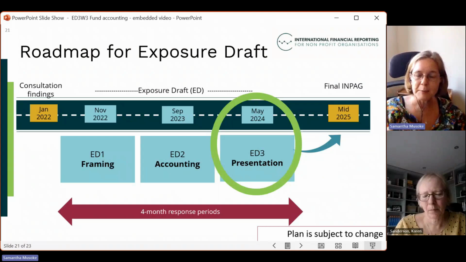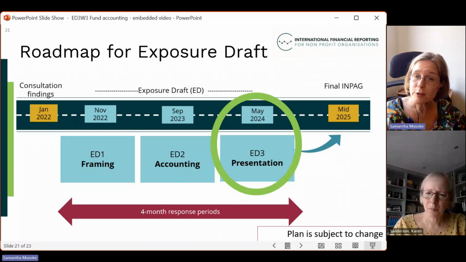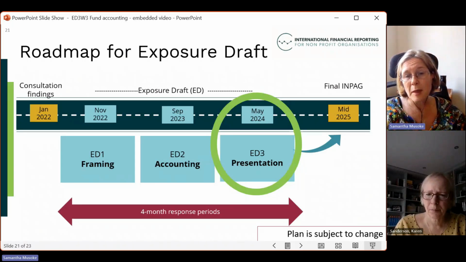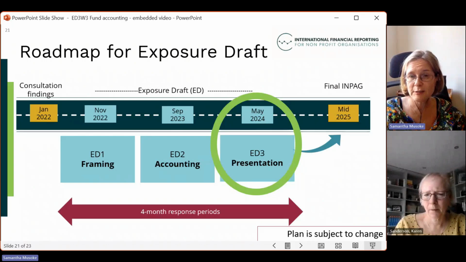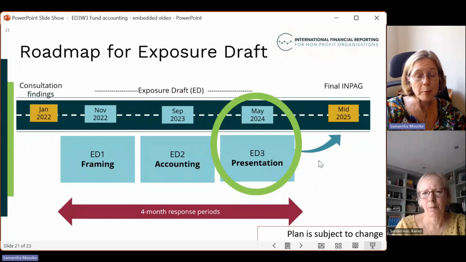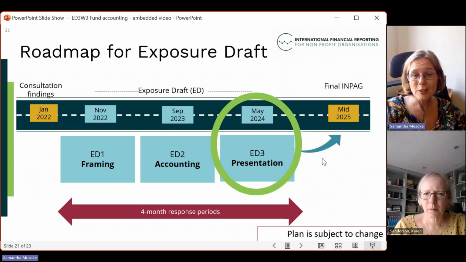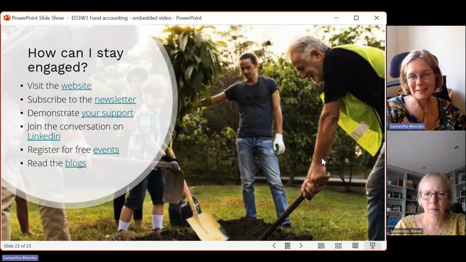Once the analysis has been done, the team will think of proposals, then they'll test those proposals or directions of travel, probably in focus groups, and then they'll be presented to the practitioner advisory group and the technical advisory group, both of whom are very international, diverse groups that have been part of the project and the INPAG development process since the beginning. That process will end up in final INPAG being published in the middle of 2025. So in short, your comments really matter.